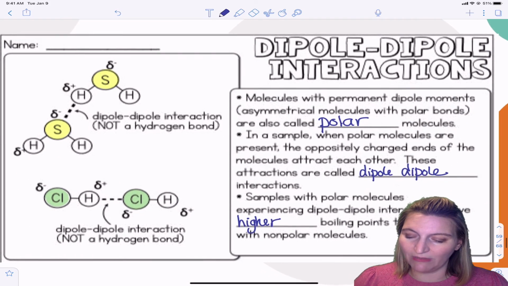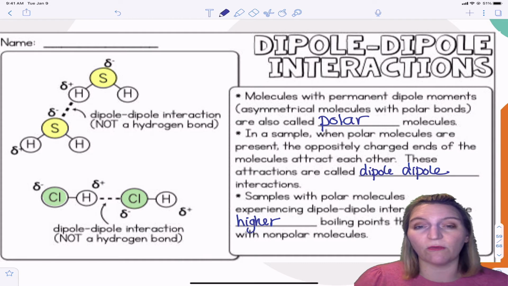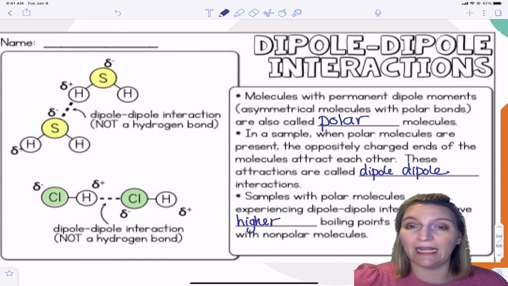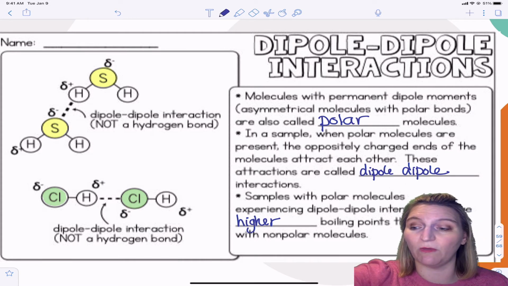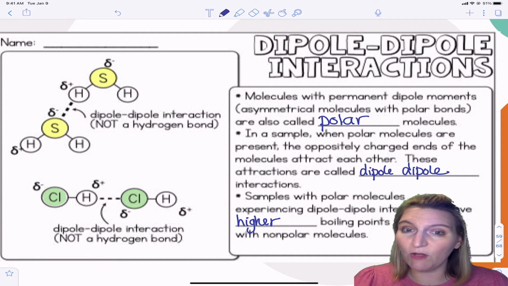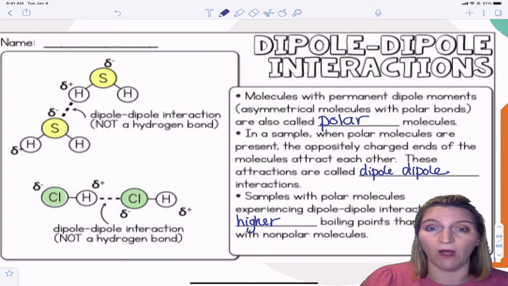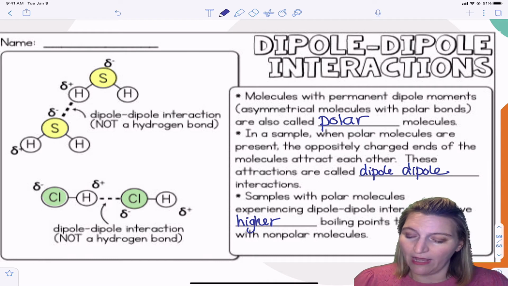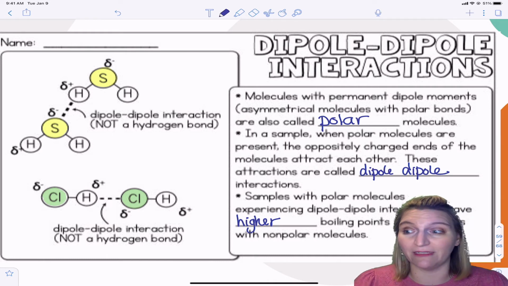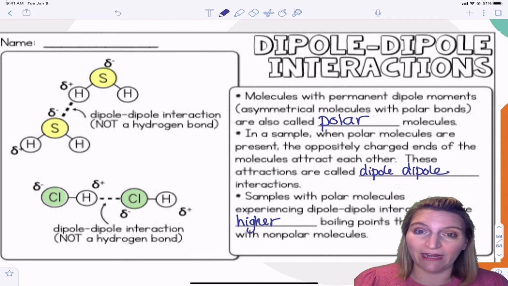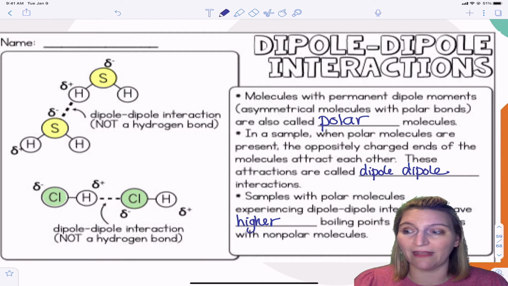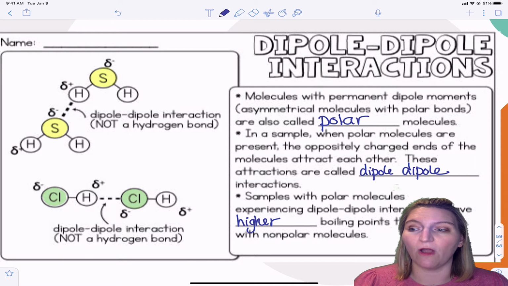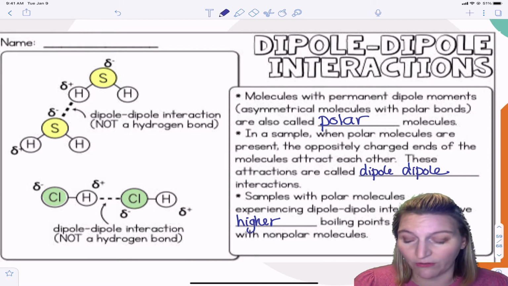So now let's talk about dipole-dipole interactions. These occur in polar molecules where the molecule is polar 100% of the time, not an instantaneous dipole. Molecules with permanent dipole moments, which means that they're asymmetrical, with more electrons on one side than another, are also called polar molecules.